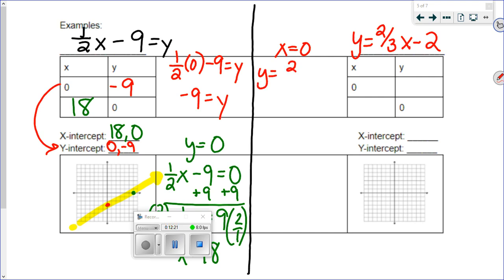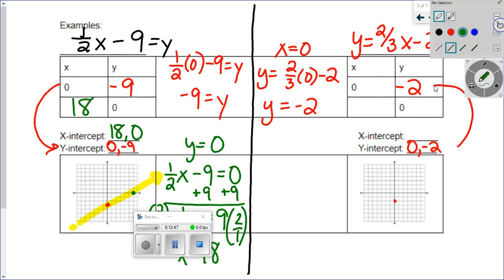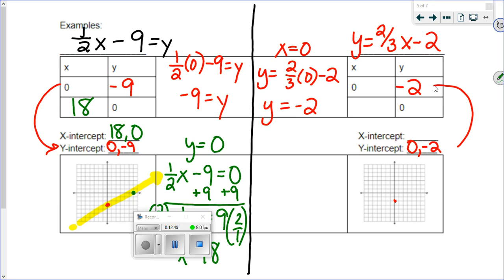Y equals 2/3 times 0 minus 2. So y equals negative 2. So the y-intercept is 0, comma, negative 2. 0, negative 2. Next, let's move on to the x-intercept.